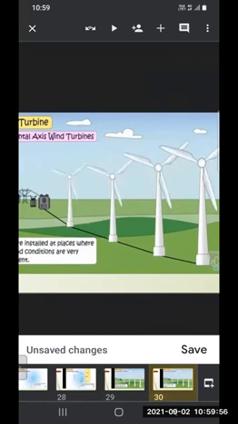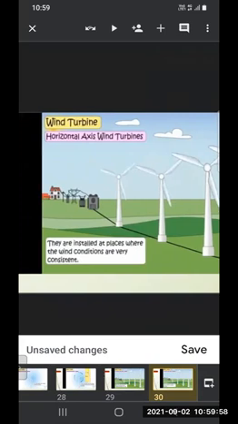They are installed at the places where the wind conditions are very consistent. Okay, where the wind flow should be consistent, then only it will work. So before the installations, deep studies should be done that the wind conditions are very consistent.